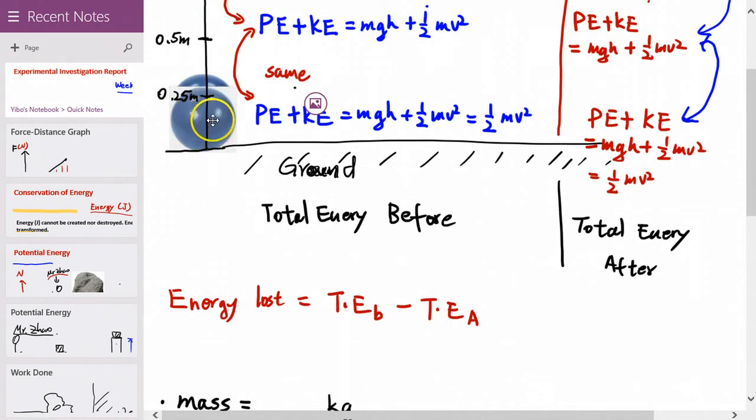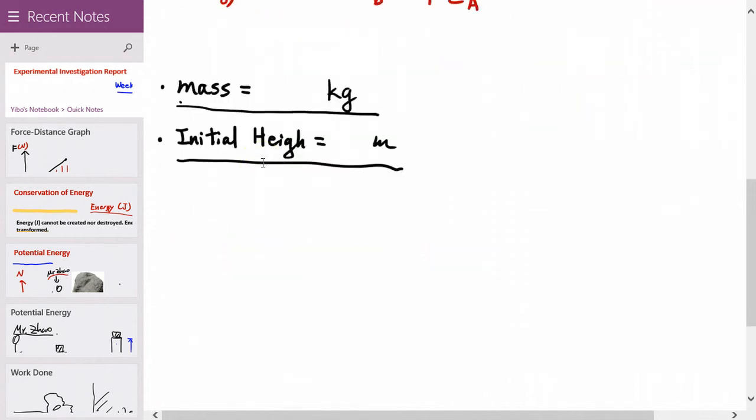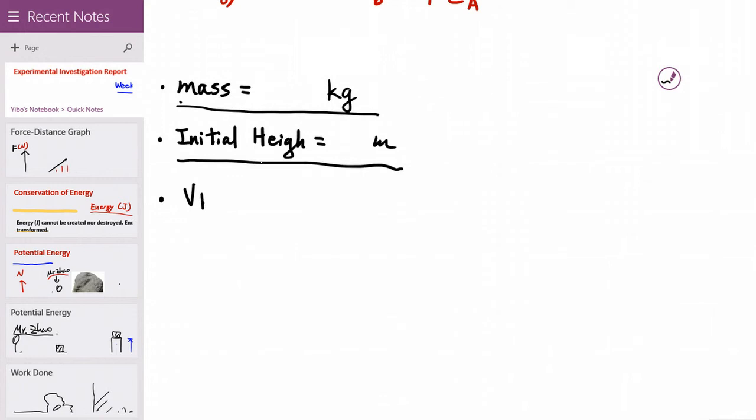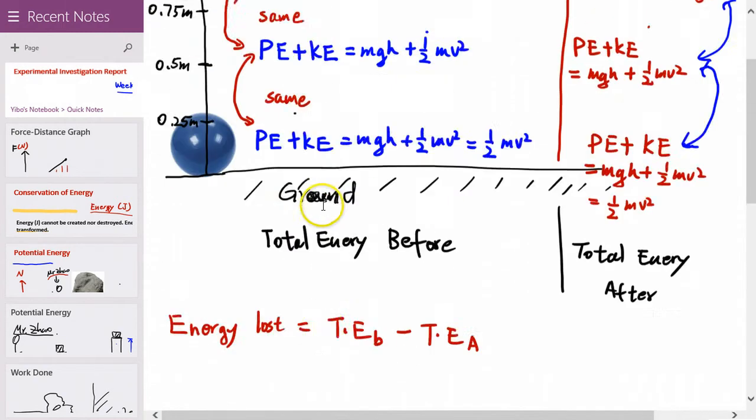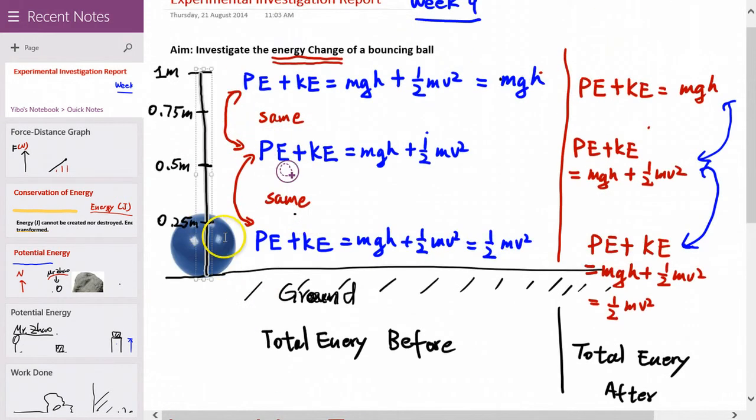So I think it's crucial to measure the velocity before the impact, maybe in meters per second, because we need this value to find the total kinetic energy we have there.